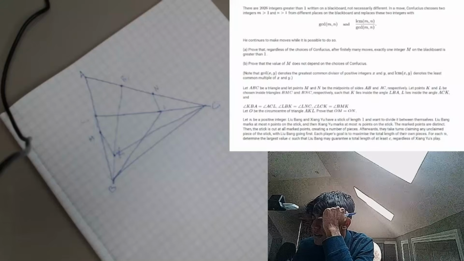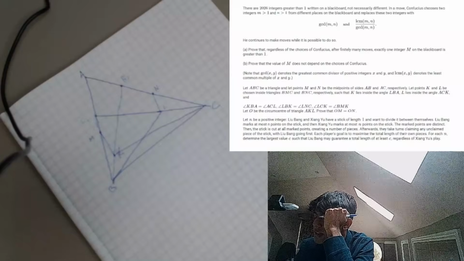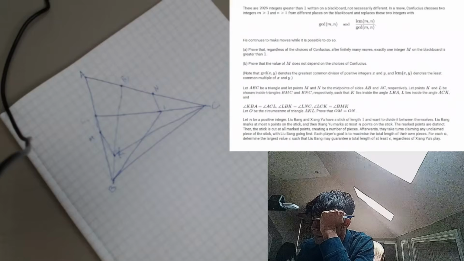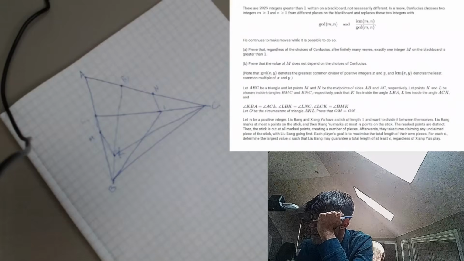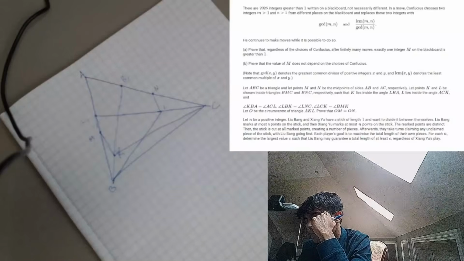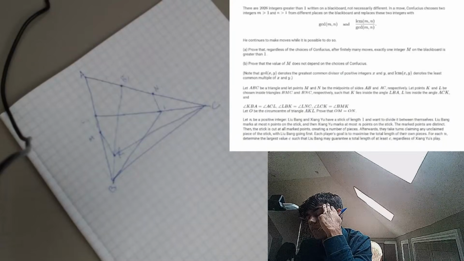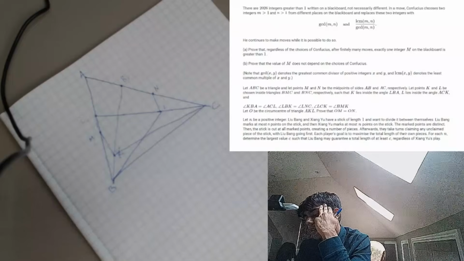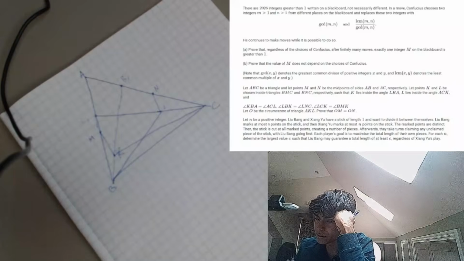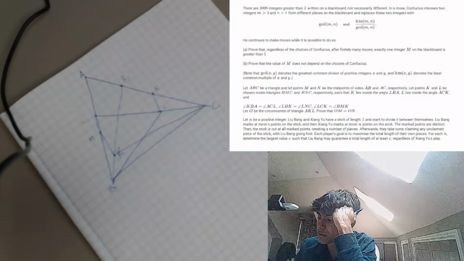The centroid doesn't have equal power with respect to both circles, no, it doesn't, unless ABC is isosceles. I feel like the centroid could be useful here. I don't know, it could be useful.